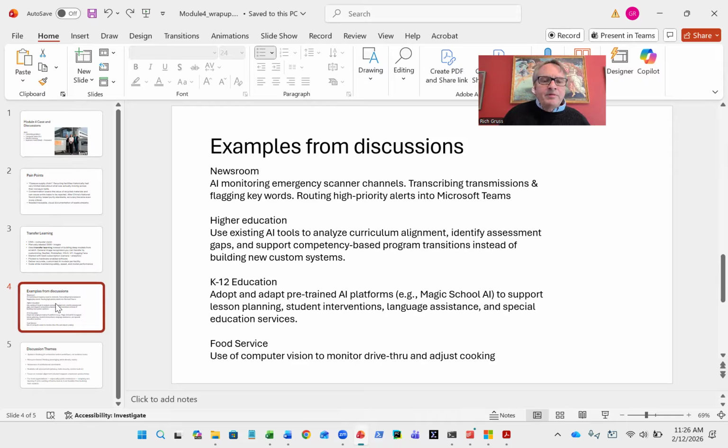There was also an example of transfer learning in higher education. The task is curriculum alignment. That is, making sure that the stated learning outcomes of the class are what is actually being taught and assessed. Or at the program level, what are the essential competencies of this program, and how are those being assessed in the long term?